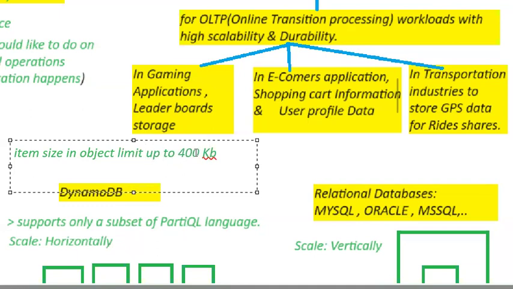So how do we overcome this? In order to overcome this, you first store your objects inside S3. If you are frequently storing large objects per item, you store these objects first in S3 and then store the reference in DynamoDB.